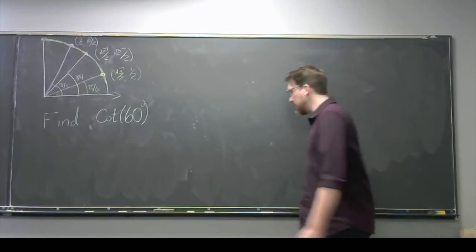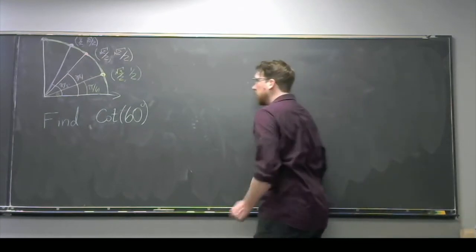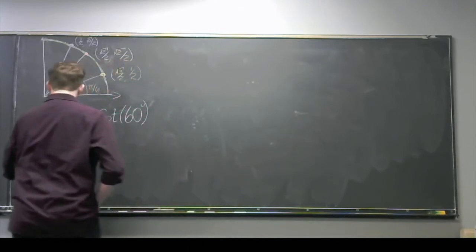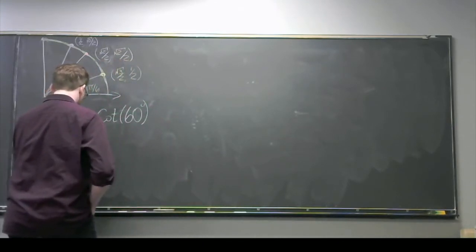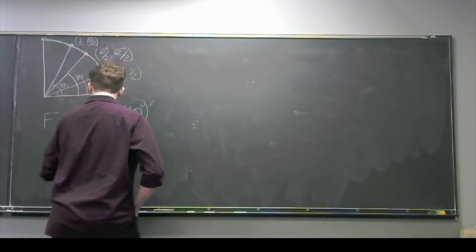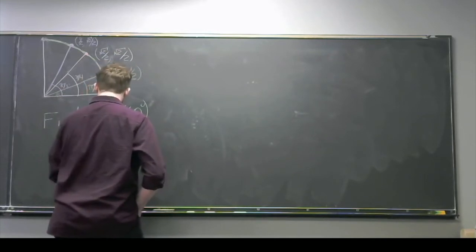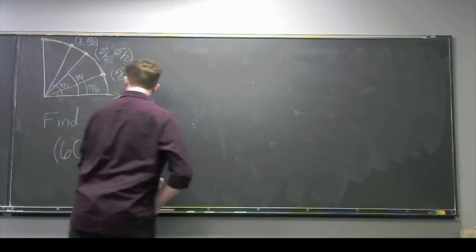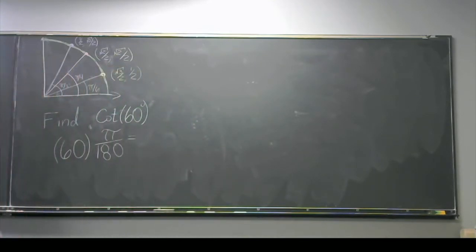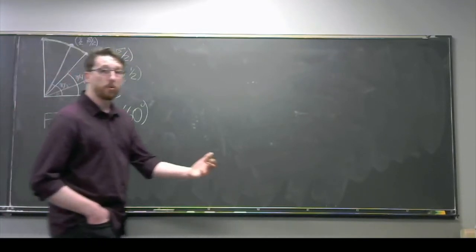Okay, we know how to do that. To do that, we're going to take 60 times pi over 180, and this is going to give us pi over 3.